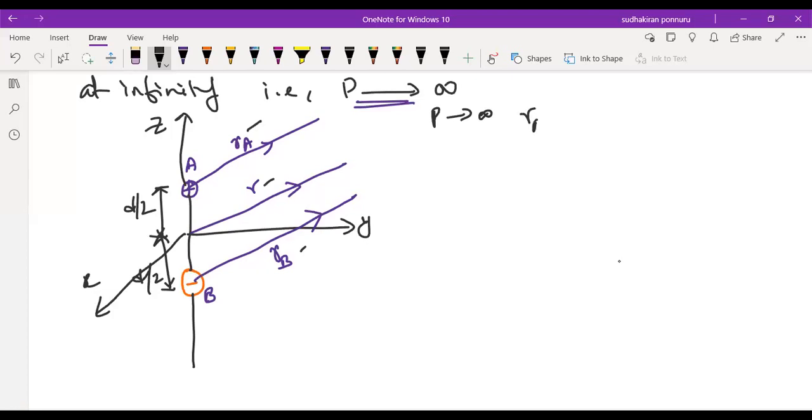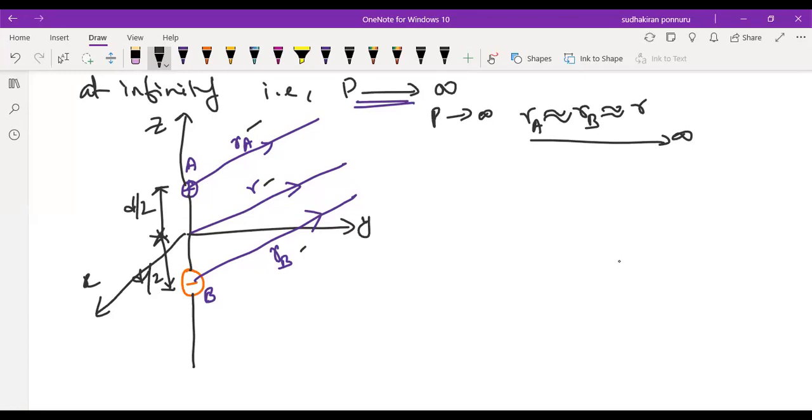Whatever the distance, RA will be approximately equal to RB, which will be approximately equal to R. Since all are moving towards infinity, we can equate them.